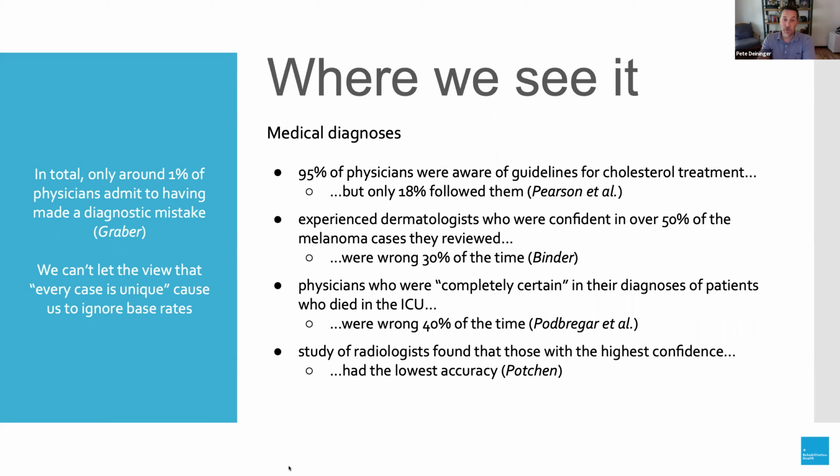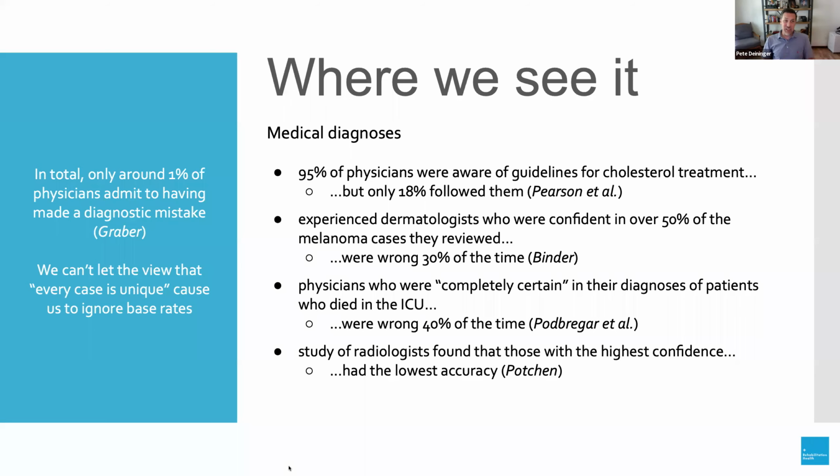And what we have also seen is that in a study that was done of radiologists, those who claimed to have the highest confidence when given a spectrum of confidence rankings to self-apply actually had the lowest level of accuracy.